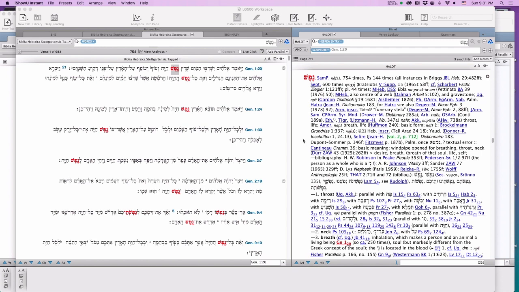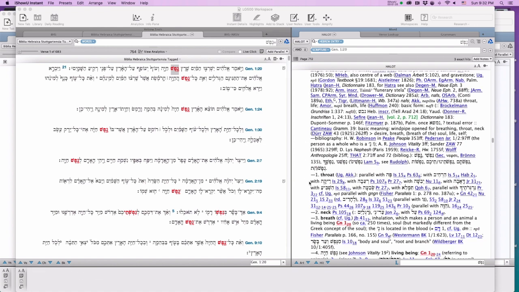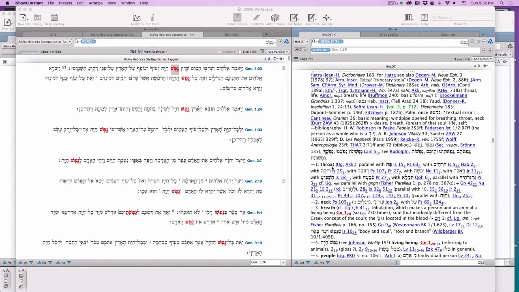things like the origins of the word, and skip down to where you start seeing numbers 1, 2, 3 that give definitions. So here we have nephesh 754 times. Throat is one definition, and then it gives you all the occurrences.